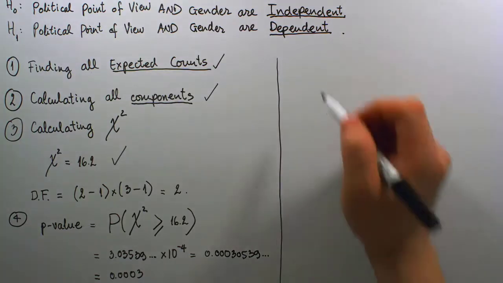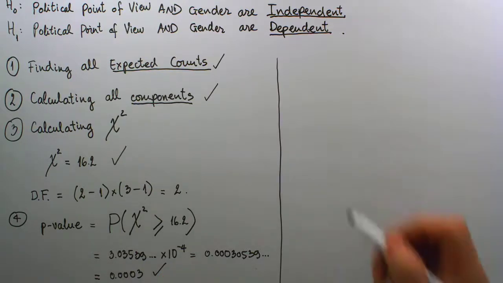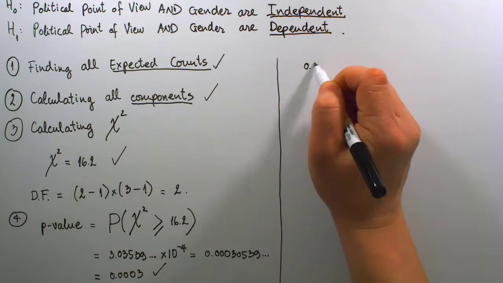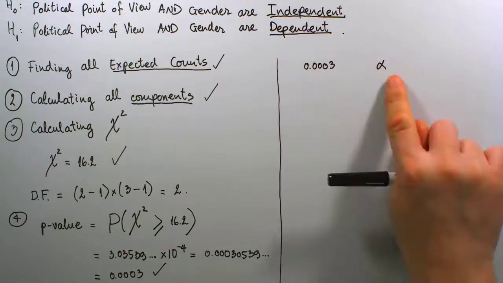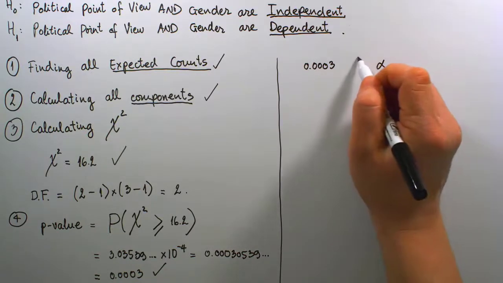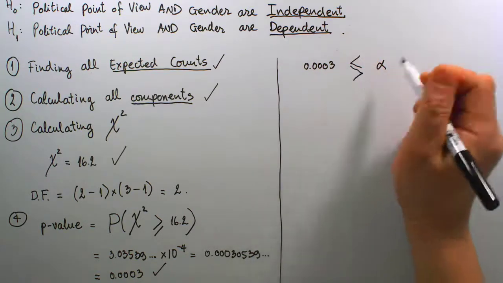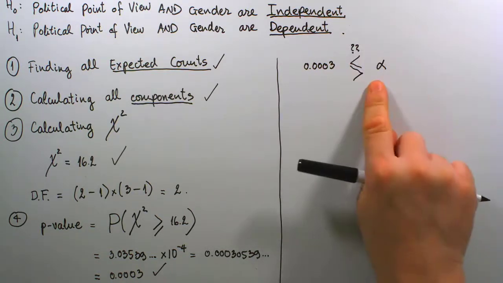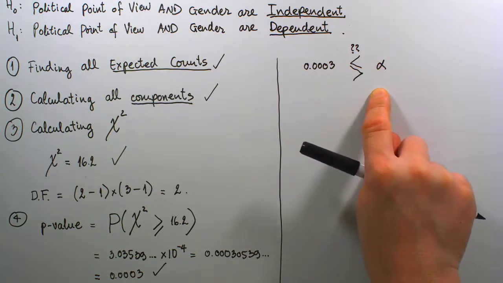Once we have our p-value calculated as the fourth step in testing the hypothesis about independence, we are going to compare our final calculated p-value with the significance level given in the problem. We want to find out whether our p-value is less than the significance level given or greater than, because this comparison will lead us to the decision whether our current sample, as a table given here, shows strong evidence or not.